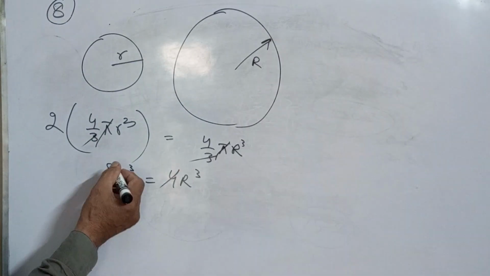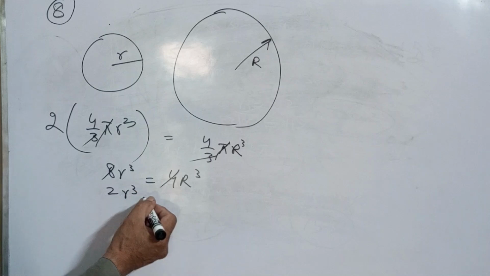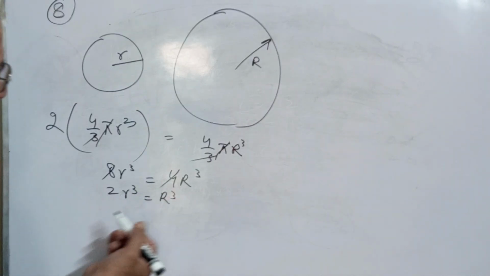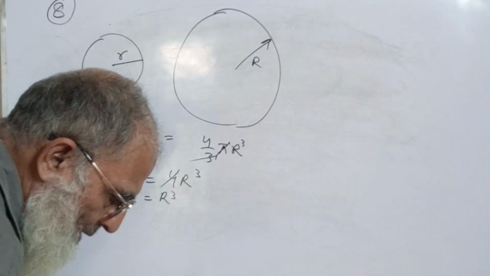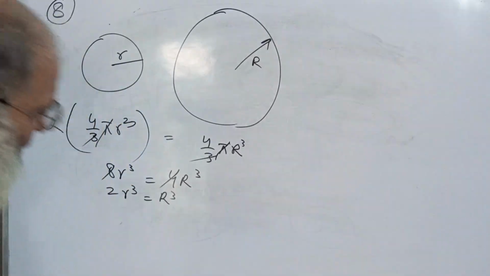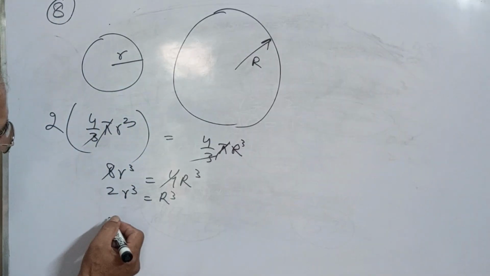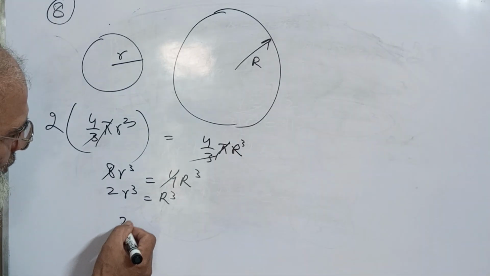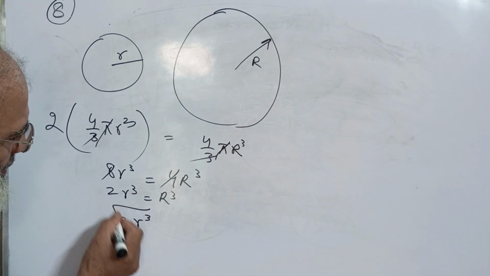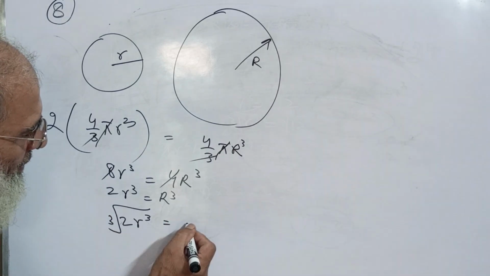So 4 will cancel this. 2r cube is equal to R cube. So if you want to find the R, find an equation connecting R to r. Okay. So we have to take the cube root. Cube root of 2r cube, or R.